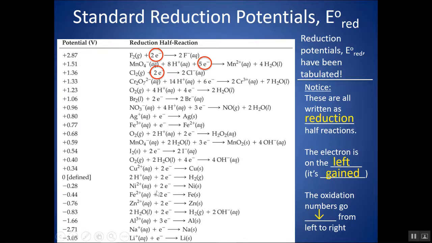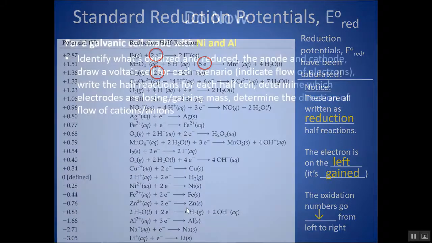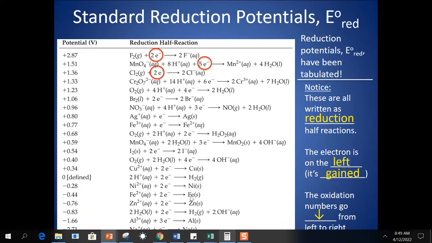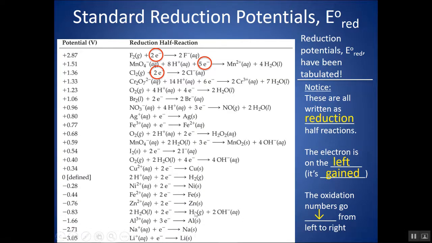If these below the hydrogen were actually oxidized, then these should actually be going in the reverse reaction. So the thing oxidized would really be the thing on the right-hand side, and they would be going in reverse so that these electrons are lost.